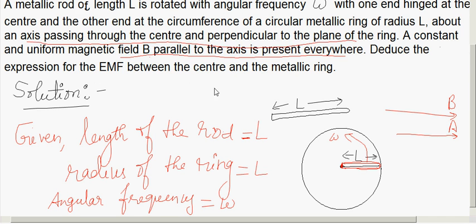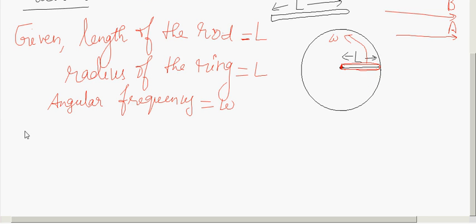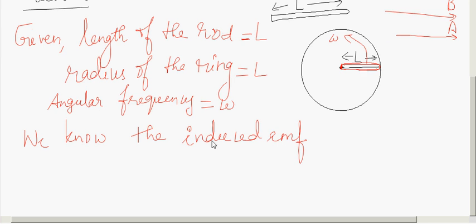Now deduce the expression for the EMF between the center and the metallic ring. The EMF is induced due to change in flux when the rod is rotated. To calculate the induced EMF, first we need to find d phi by dt, because the induced EMF E is equal to d phi by dt.